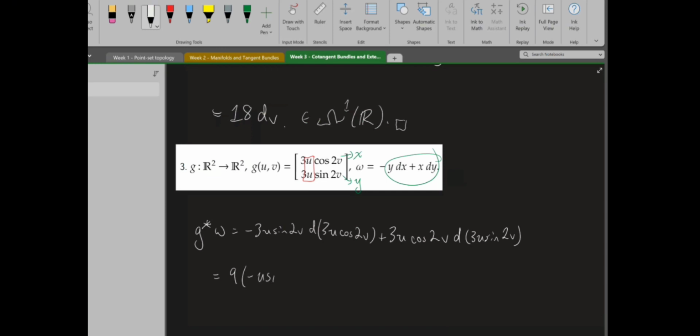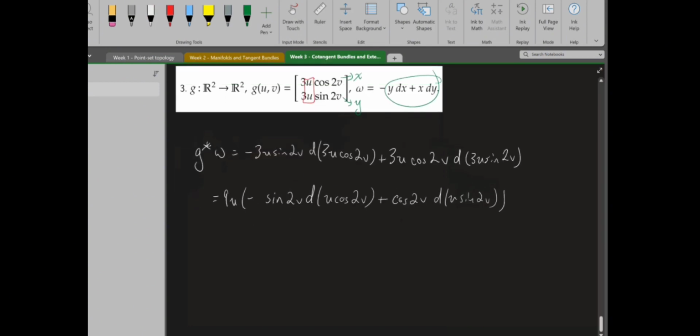Negative u sine 2v d(u cosine 2v) plus u cosine 2v d(u sine 2v). And moreover, I can actually factor out a u. 9u. And if you're wondering, no, you can't factor that in here.